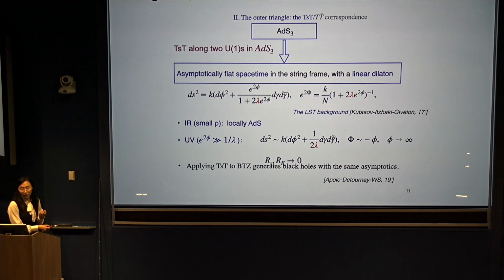You can see the string frame metric looks flat, and you can calculate the curvatures. Both the string frame curvature and the Einstein frame curvature go to 0. So in this sense, we say this is a background that's asymptotically flat.